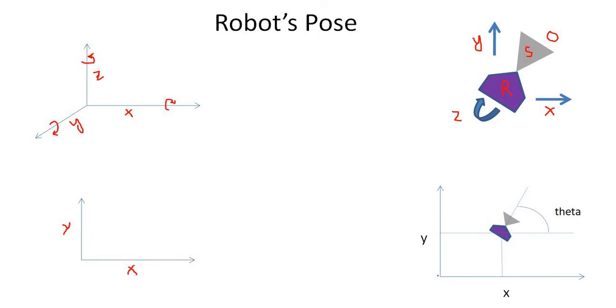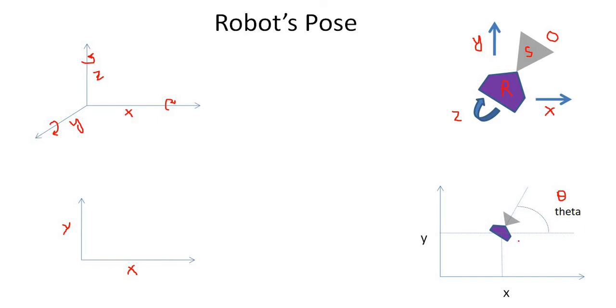In the 2D reference system, the position in this 2D frame, or the reference frame, and the orientation with respect to the x-axis, the angle theta. This is the position and the orientation.